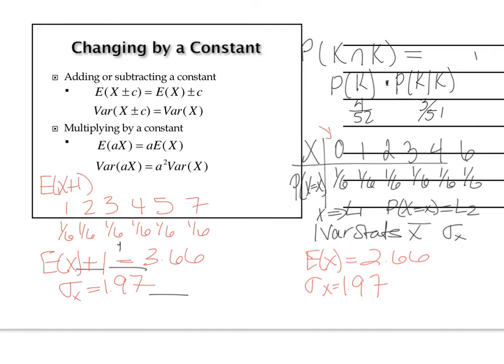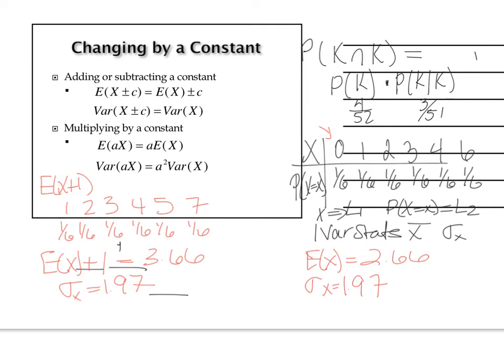If you want, take a second and plug this into the calculator to check that this is what happens. I just did this in my calculator, and I added 1 to all of my x values in list 1. I put mine in list 3, but it doesn't matter which one. And I got 3.66 as my expected value and 1.97 as my standard deviation.